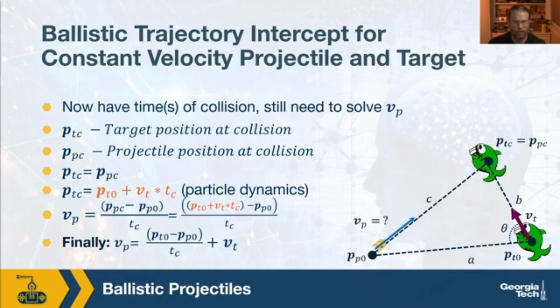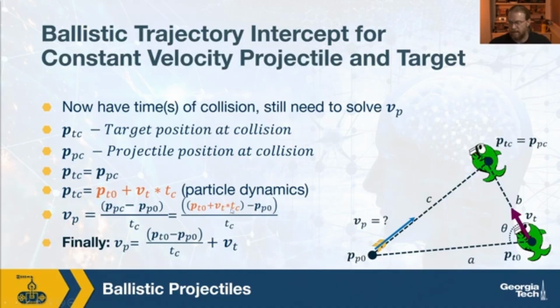So that's shown in orange. For the replacement, we're using the position of the target at the collision. So you see where I'm mousing over. We're just plugging that in for the final position of the projectile in the equation here. We can do that because we know from this scenario that those two positions are the same, since they're colliding. So this substitution is valid. We can now simplify.